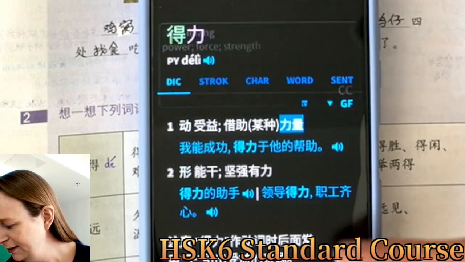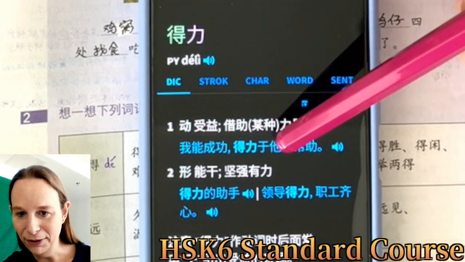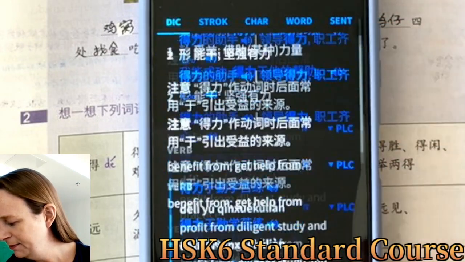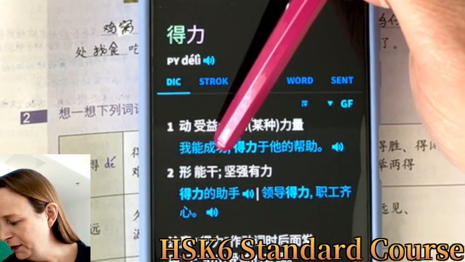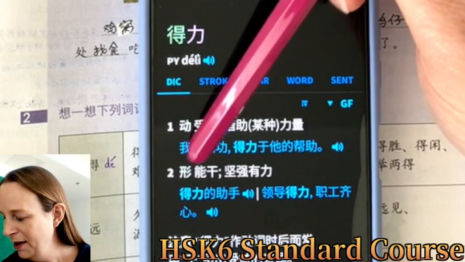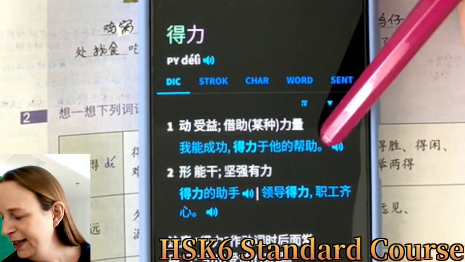Okay, they use 力量. Yeah, so almost always I think it's 得力于. Except for this one. Okay, that's a different usage it seems. 我能成功得力于他的帮助. Okay, my ability to succeed draws power from his help.